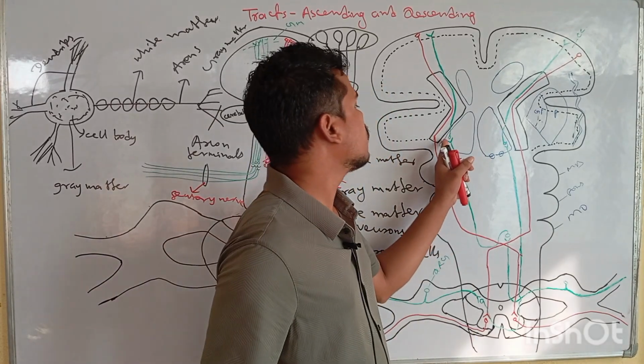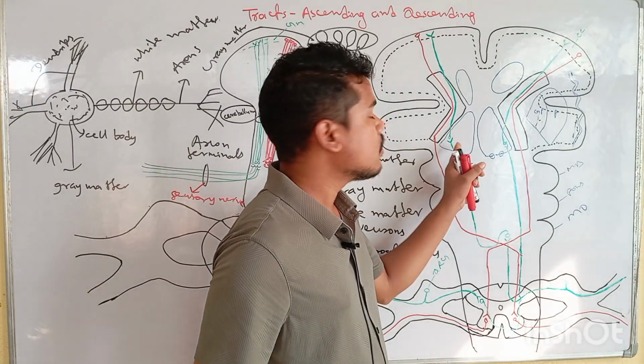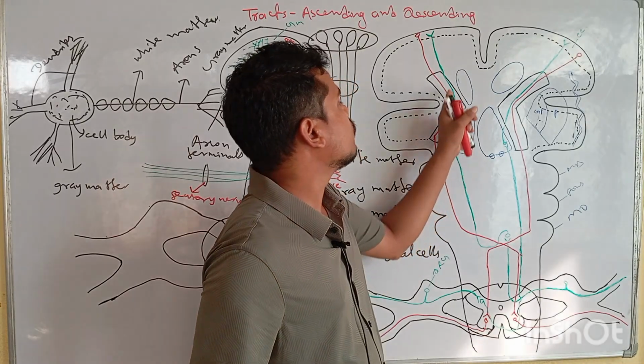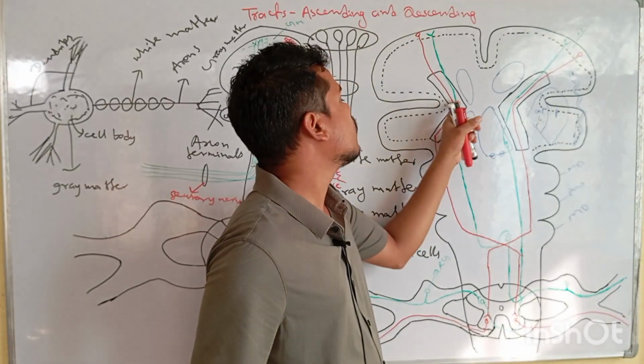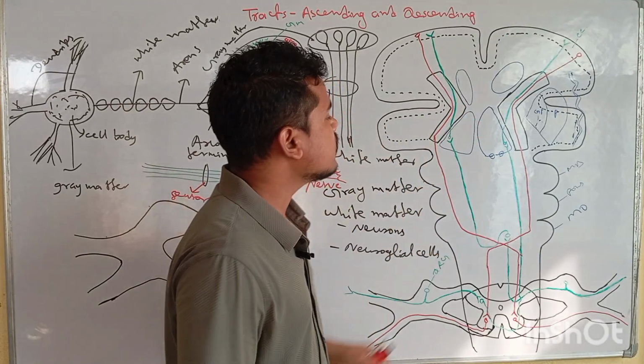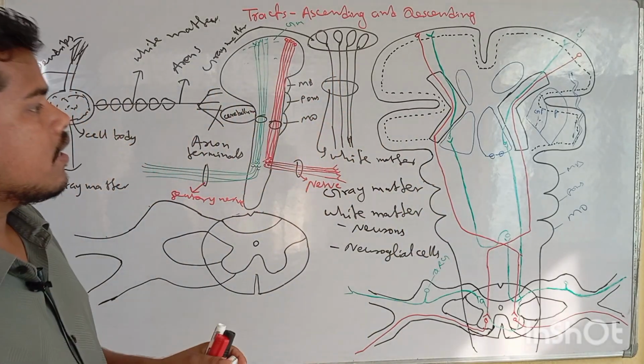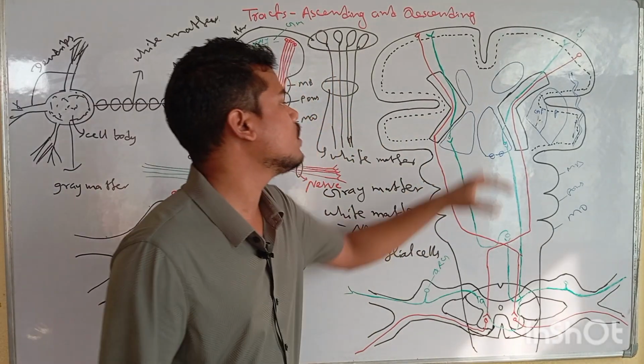Then from the thalamus, the second synapse occurs, and the third order neuron will be projected to the cerebral cortex through the internal capsule. So here, regarding the internal capsule, dear friend, there are two significant points.